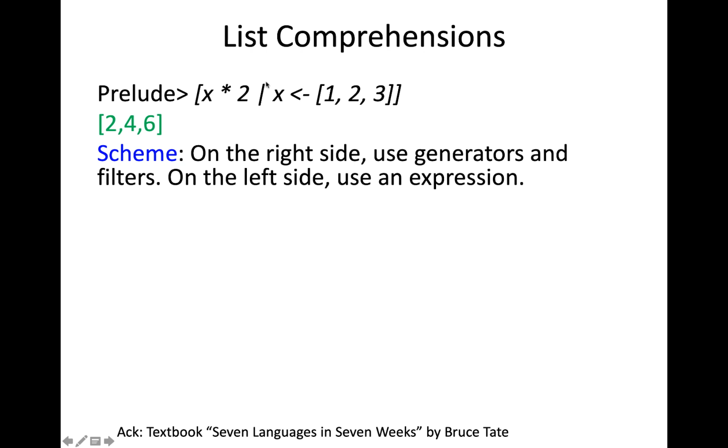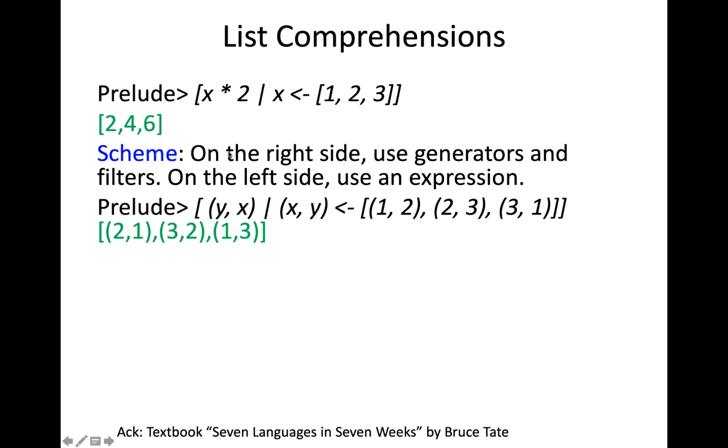And then the left hand side is an expression, and whatever is the evaluation of that expression with those different values of X, that will be returned as a list. So first value of X is 1, so here this expression evaluates to 2. Next value of X is 2, so here it evaluates to 4. Next value of X is 3, here it evaluates to 6. So this will be the final list, and this style is called list comprehension.